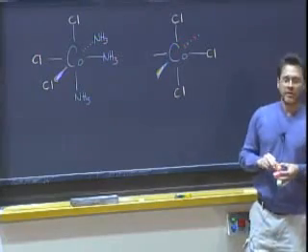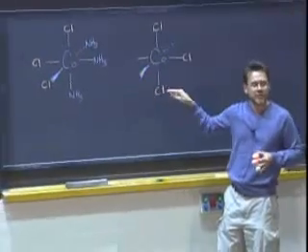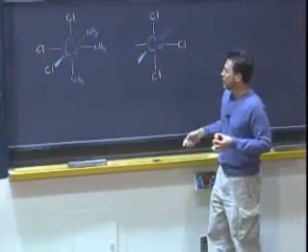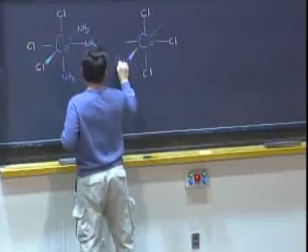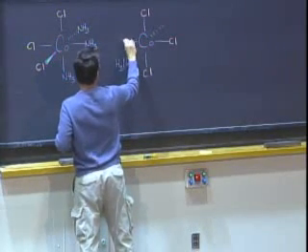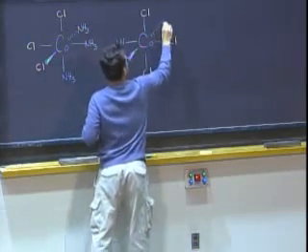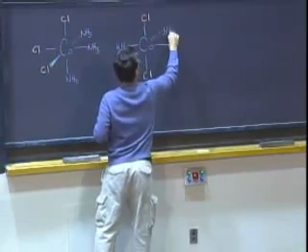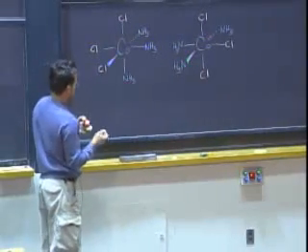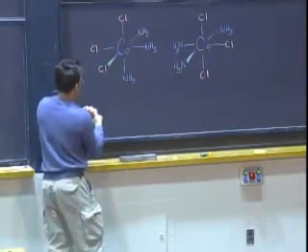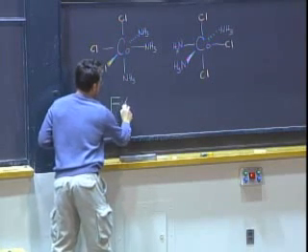Okay? And so you can try to draw different structures, and you'll see that these are the only 2 possible structures that you can draw for a combination of 3 ammonia ligands and 3 chloride ligands surrounding a central cobalt 3+ ion in an octahedral array. Okay, and these have names too. This one is the so-called fac isomer.